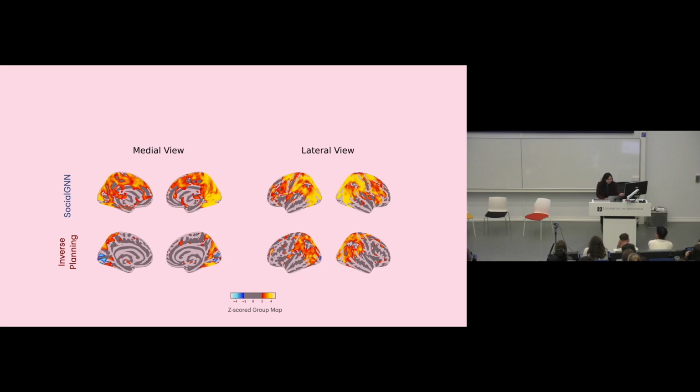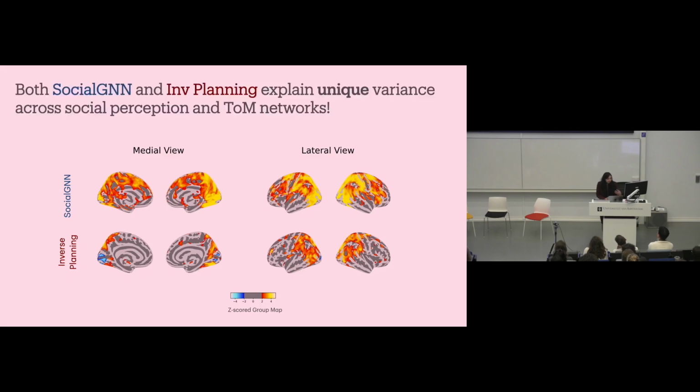This was really surprising, and we found that this result holds even when we do a variance partitioning, suggesting that both these models explain unique variance in both these kinds of regions. As a reminder, both these models have low representational similarity with each other. We find consistent results even when we do an ROI-based analysis.